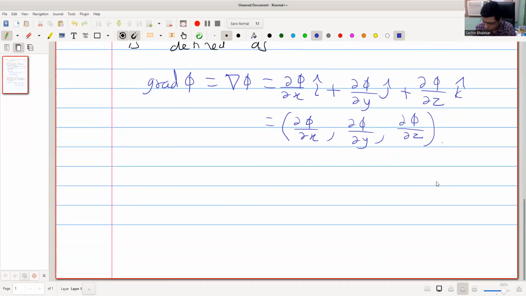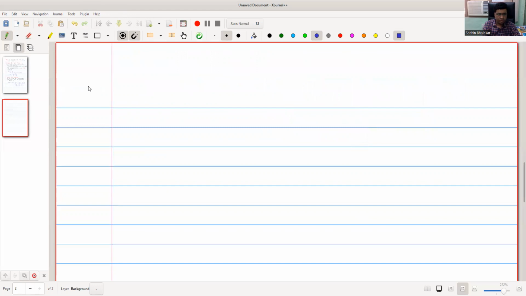Now we see some properties. One theorem. Let vector field F be given by P into i hat plus Q j hat plus R k hat. Note that P, Q, R, F, all these are functions of x, y, and z.